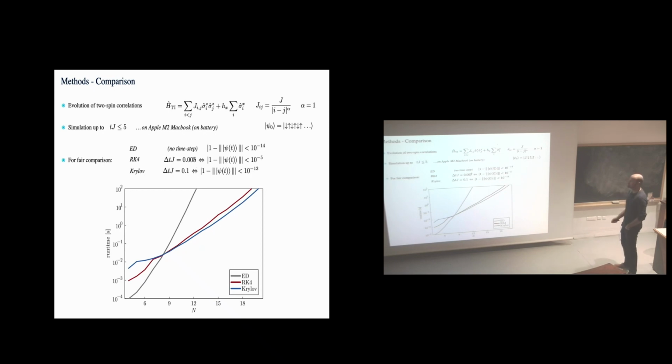So for Runge-Kutta here, I have to, for example, take this time step 0.005. Now, because I have long-range interactions, if I make my system larger, I have to make this time step even smaller. And with this, I get a finite fidelity at the final time, which is still only 10 to the minus 5. But compared to this straightforward exact diagonalization, you can do twice as much in the same time.